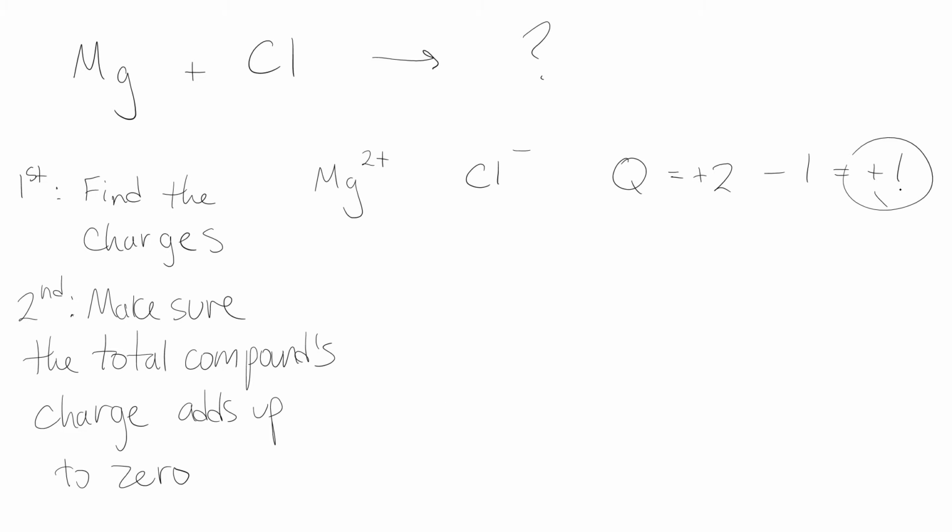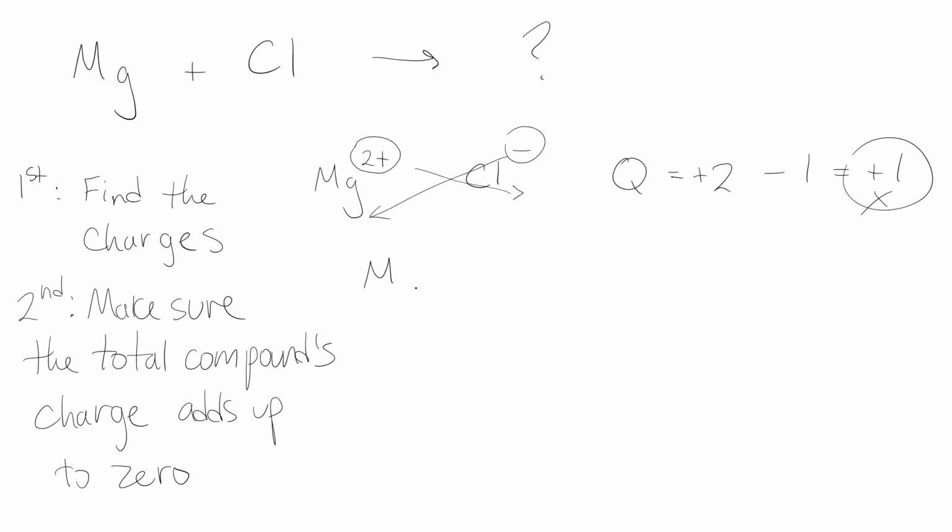Okay, so that's no good. So in those cases, we're going to use the cross charge method. So what happens is the charge on the positive ion becomes the subscript of the negative ion. The charge on the negative ion will become the subscript of the positive ion.